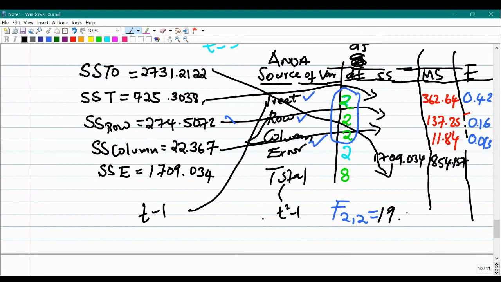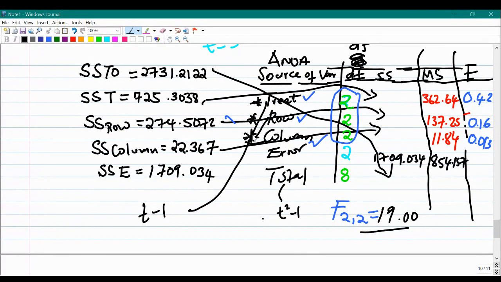The value here is 19.00. So if you can check, it means that based on that value, there is no difference between treatment means. Blocking by row was not effective. Blocking by column was not effective.